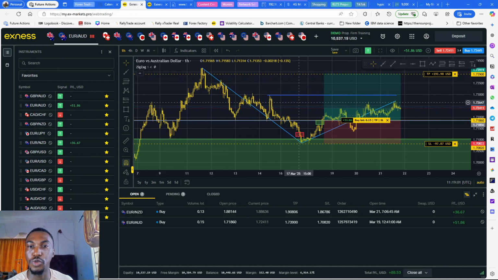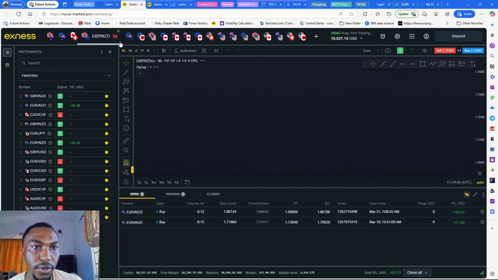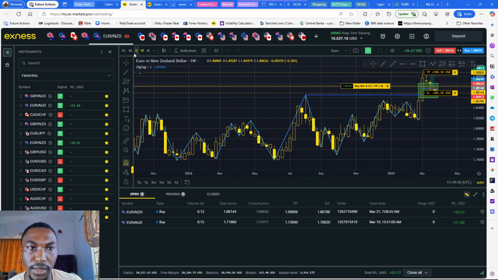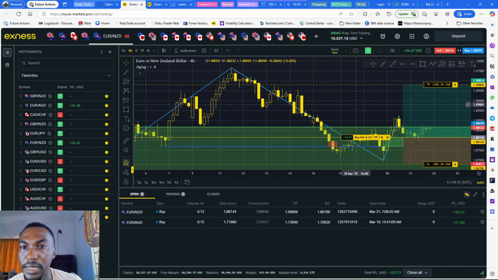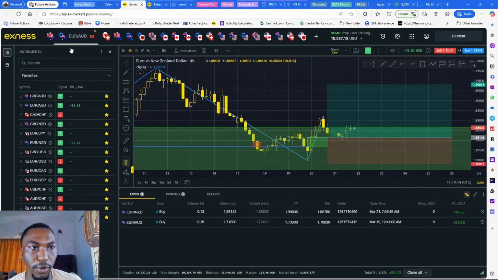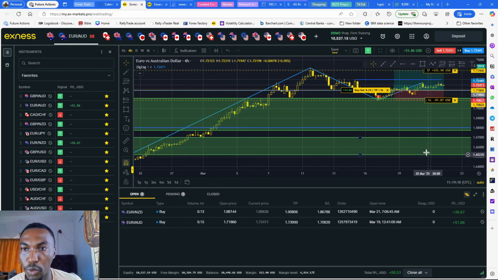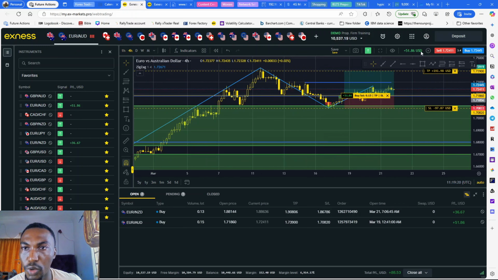Okay, so we have these two running, right? These two trades running. I'm looking for the Euro, New Zealand dollar. Basically they are both 4-hour trades, and we've been watching them move for so long.